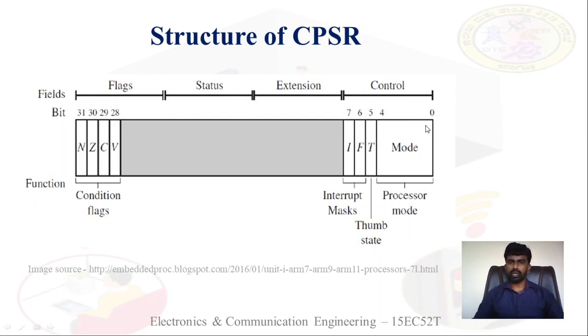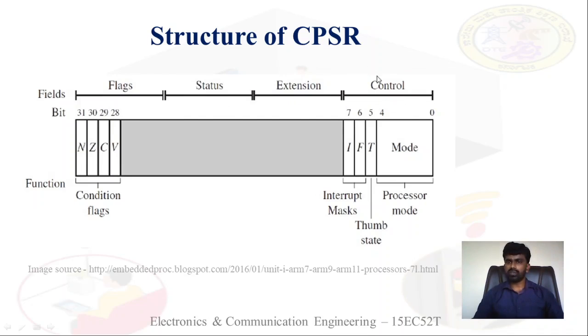The 32 bits are divided into 4 fields, each of 8 bits. So 8 times 4 is 32 bits. The first one is the flag field. It contains conditional flags, that is the negative flag and so on. Then there is the status field, then the extension field, and the control field.